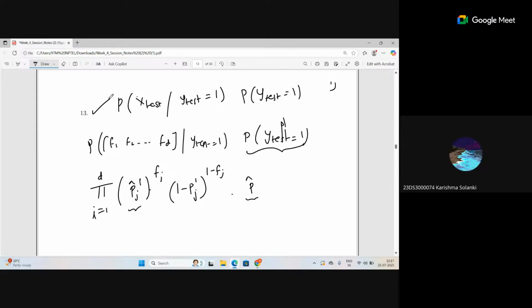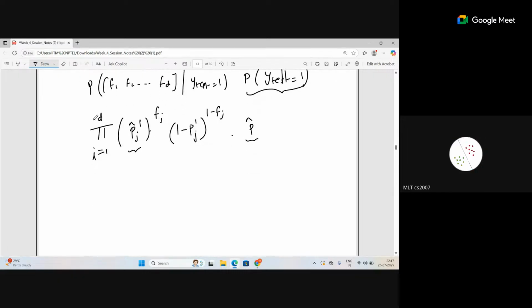Yes, sir. Now what do we need to compare again? The comparison was with this, right? Probability of x test given y test equal to 0 into probability of y test equal to 0, right? What is this probability?